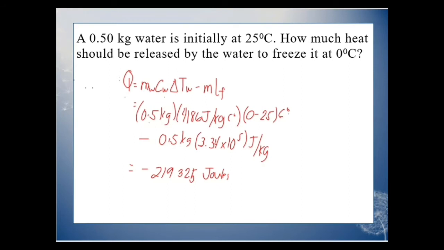Let's analyze the cancellation of units. Okay, so this one is in kilogram. This is in joule per kilogram Celsius degree. So we can cancel out kilogram, and then we can also cancel out Celsius degree. And then here, since our latent heat of fusion is in joule per kilogram, multiplied by kilogram, you have joules.